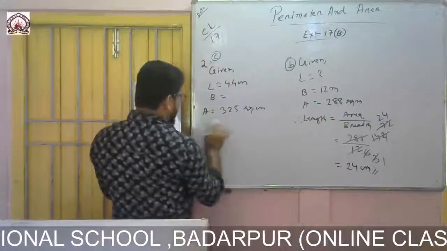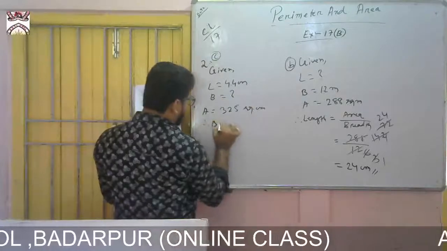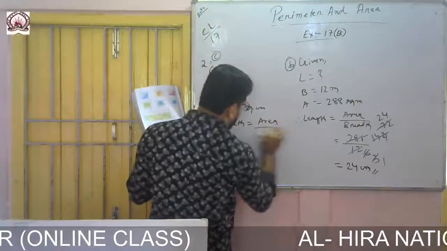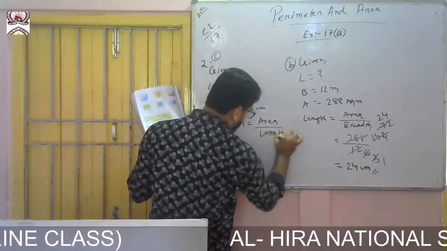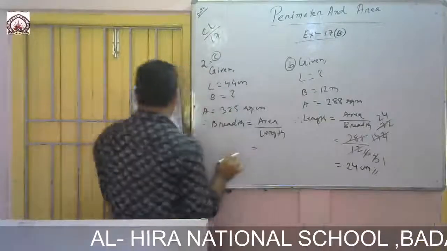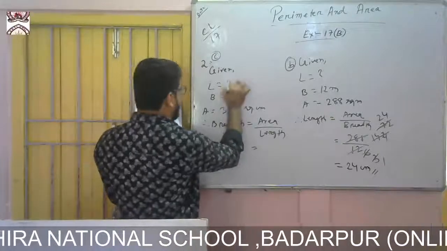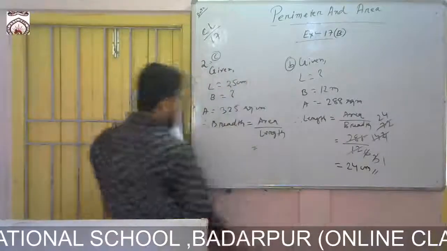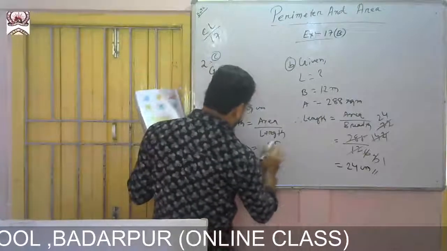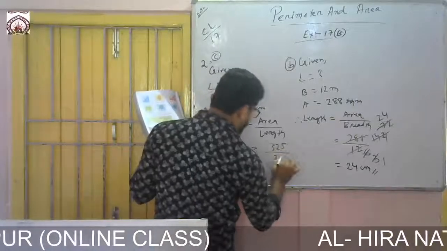In C we will be writing like this. Therefore breadth we need to find. Breadth equals area by length. Length given is 25. So 325 by 25.